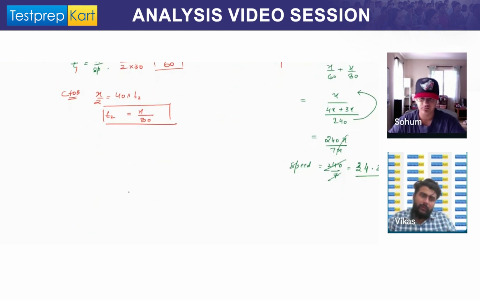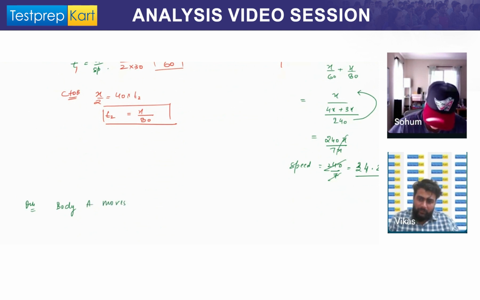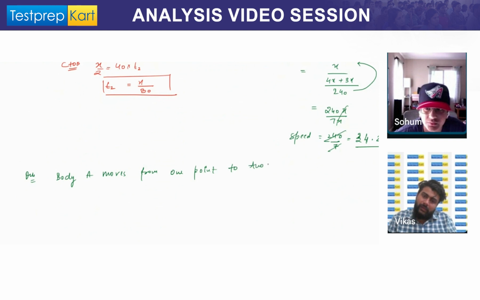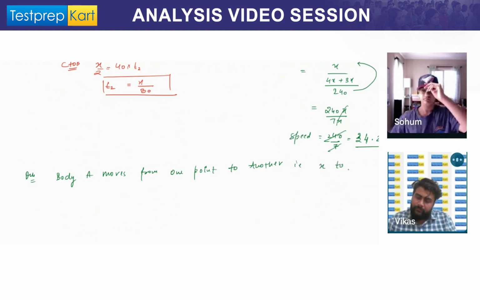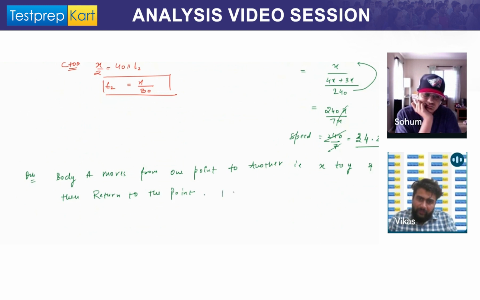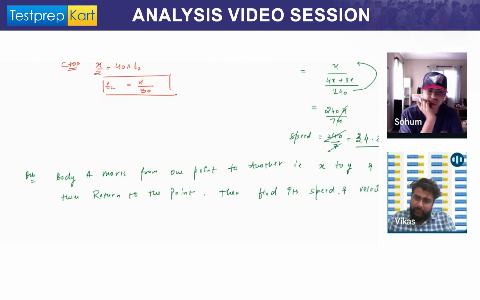So again, body A moves from one point to another, that is x to y, and then returns to the point A. Then find its total speed and total velocity.